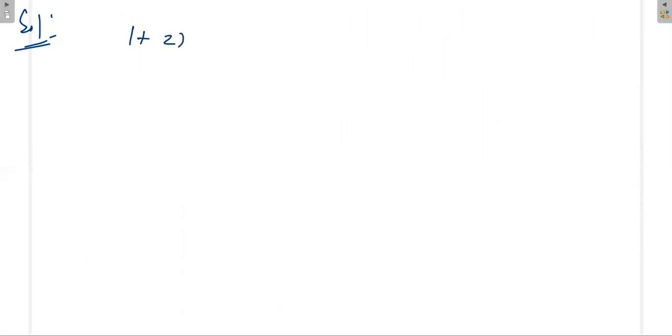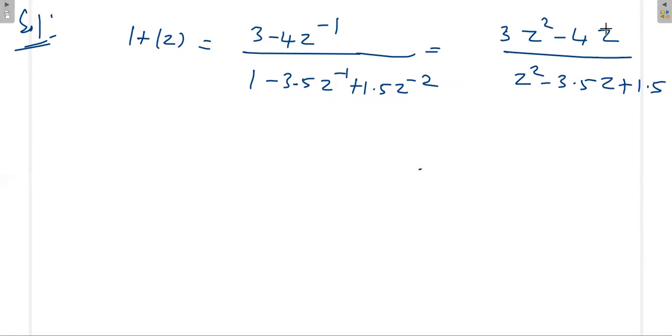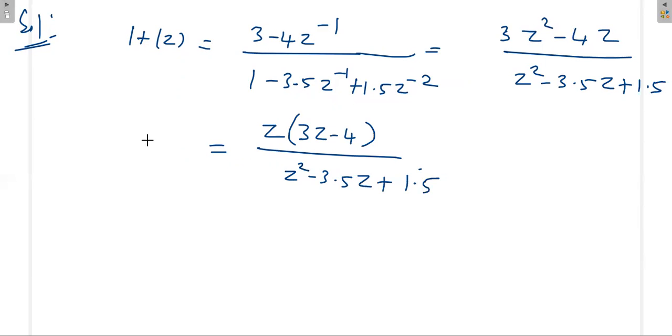So H of z is equal to (3 minus 4 z inverse) divided by (1 minus 3.5 z inverse plus 1.5 z power minus 2), which is equal to (3z square minus 4z) divided by (z square minus 3.5z plus 1.5). Again, you can take z common from both terms, that is (3z minus 4) divided by (z square minus 3.5z plus 1.5). This is H of z.